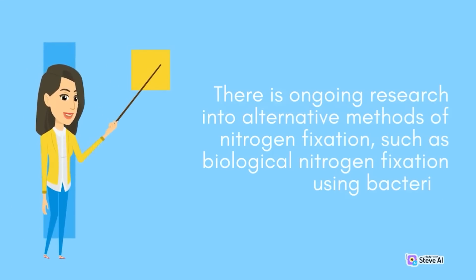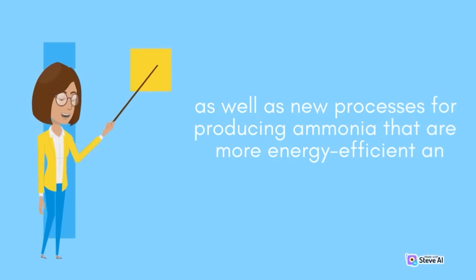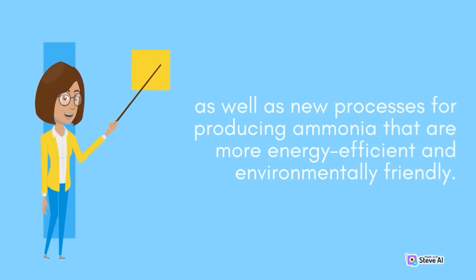There is ongoing research into alternative methods of nitrogen fixation, such as biological nitrogen fixation using bacteria, as well as new processes for producing ammonia that are more energy efficient and environmentally friendly.